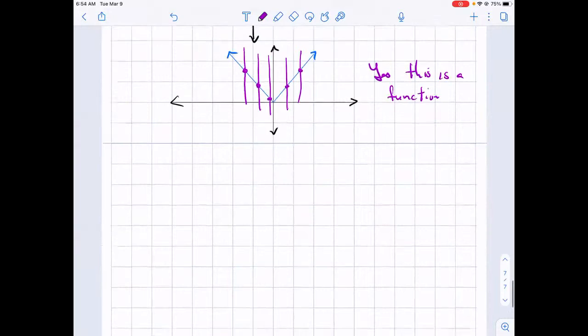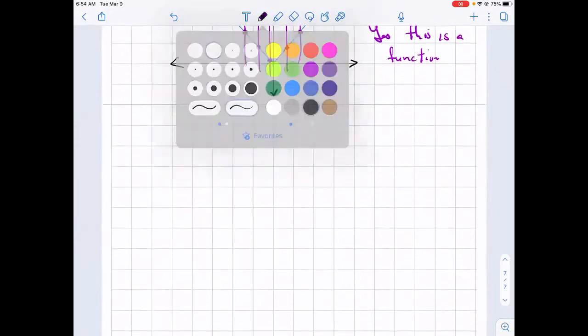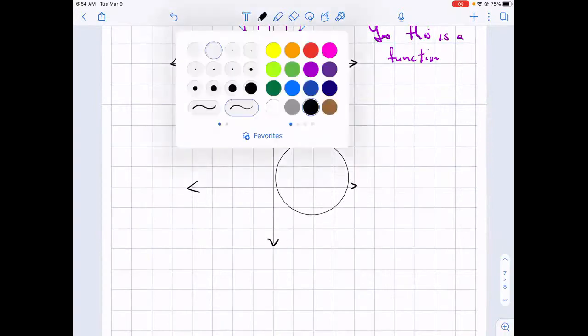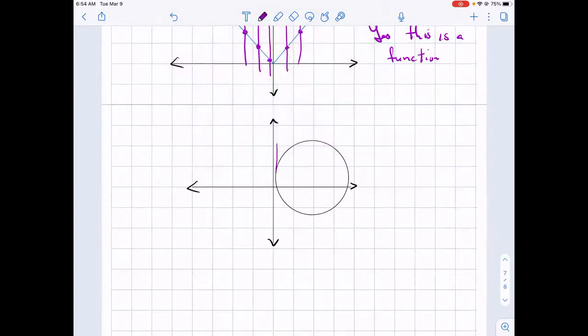You will notice that if I draw a circle and I draw vertical lines, right at this point here, it only touched once.